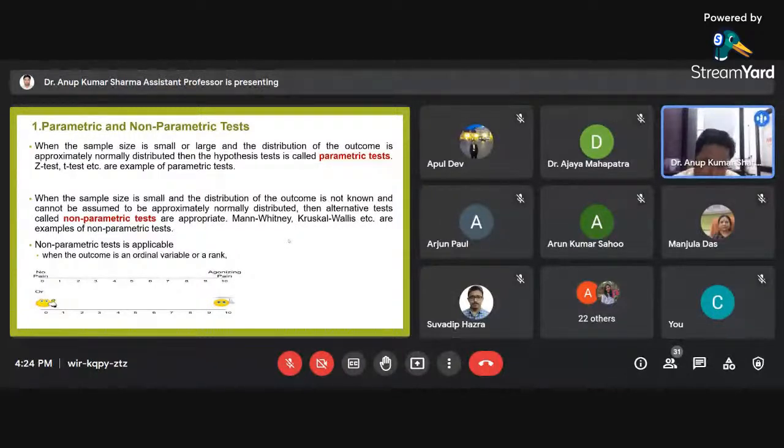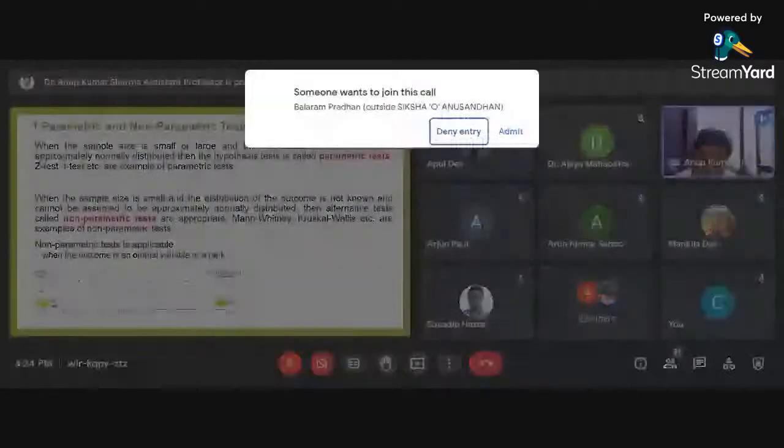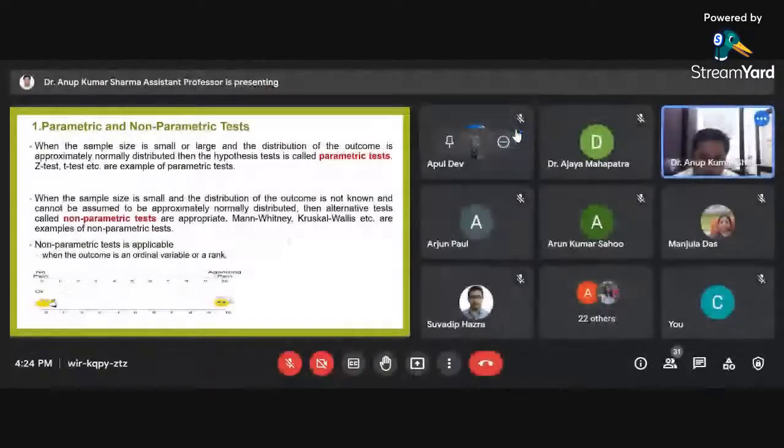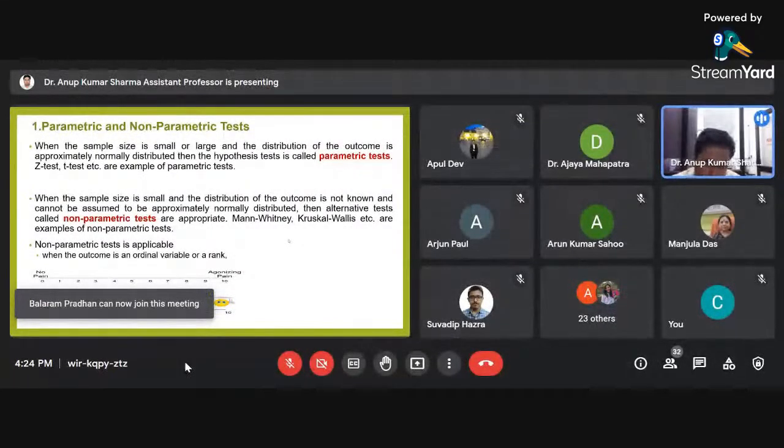One is estimation, and the other is testing of hypothesis. Estimation means the data are available and we estimate the population parameters based on the samples. Testing of hypothesis means information is available and we need to check whether it is true or false, to what extent it is true or false, and whether it is acceptable or not.